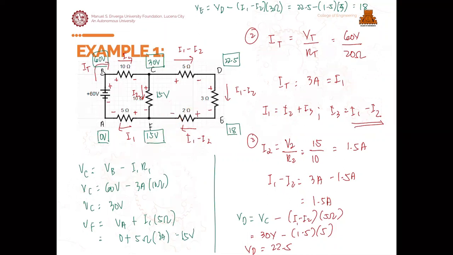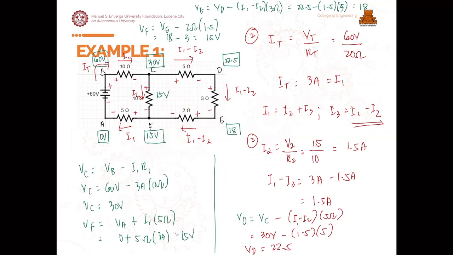By checking, 18 minus, where should we put this? Here. So let us verify our VF. From the value of E minus the 2 ohms times our I1 minus I2 of 1.5, which will be 18 minus 3 equals 15 volts, which is correct because that is what is already displayed here. So this means our whole circuit is correct, because our voltage values, or potential differences, at each node are right.